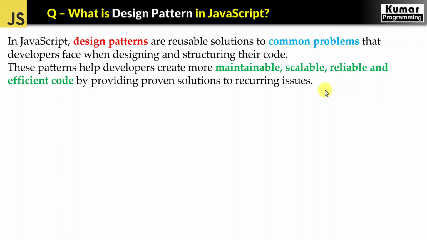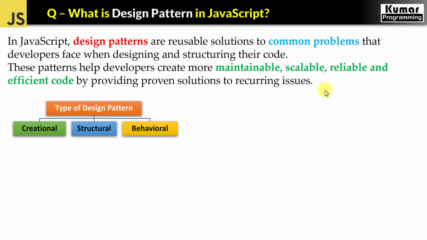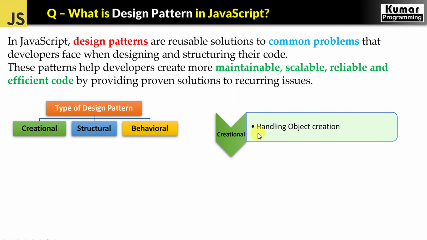Now let's see the next thing, types of design pattern. Mainly we have three types of design pattern: creational, structural, and behavioral. Now let's understand the differences between these three design patterns. So creational is related to whenever we are trying to create objects. The pattern which is used to create objects is known as a creational pattern.